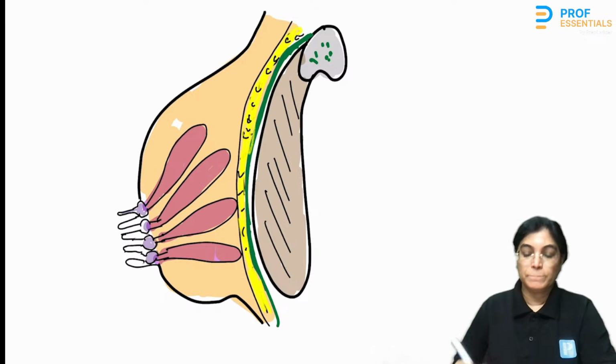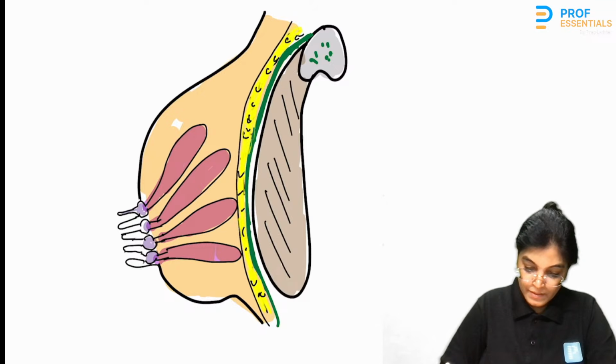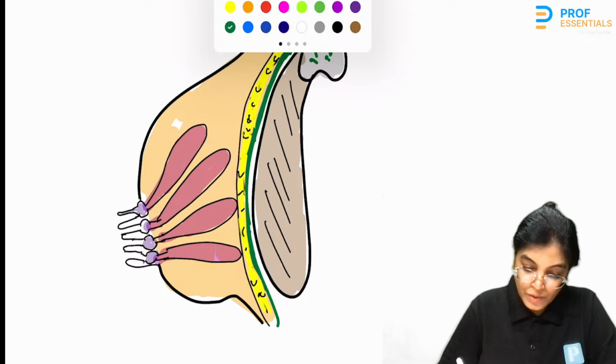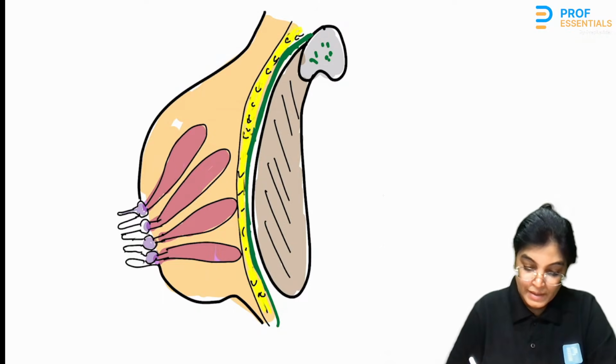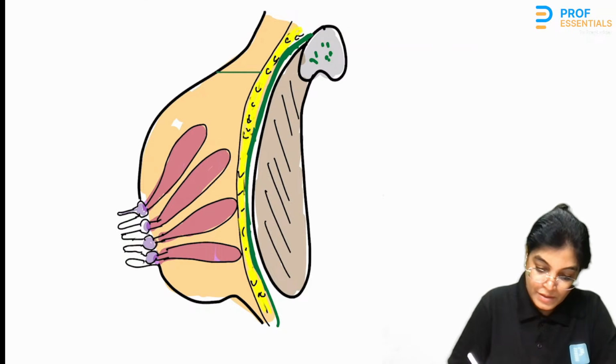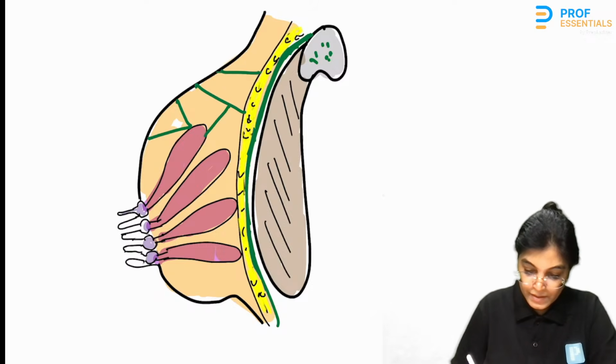Done. Now I will use green color only to show the Cooper's ligament. So in between we will have the strands of Cooper's ligament running, supporting.